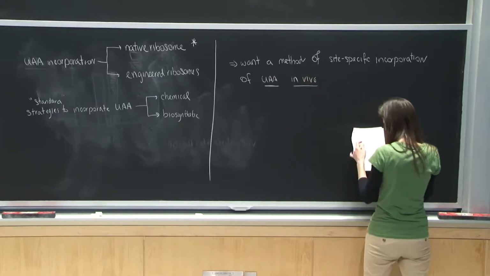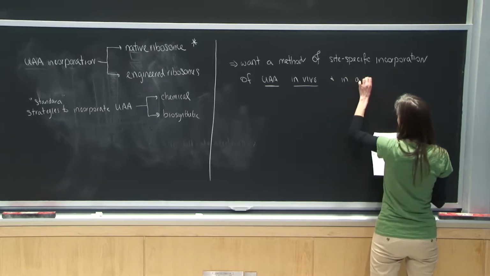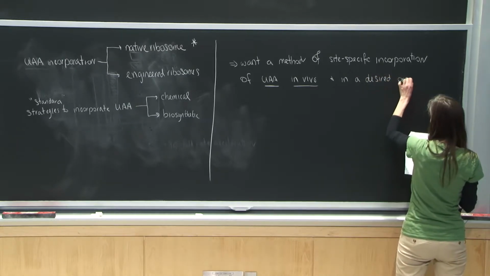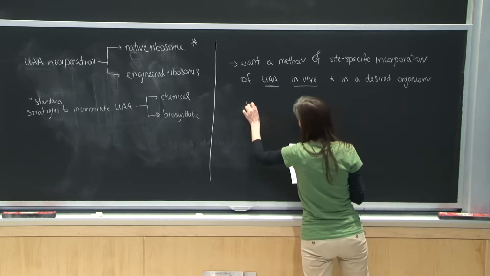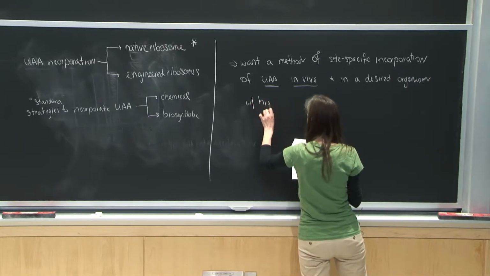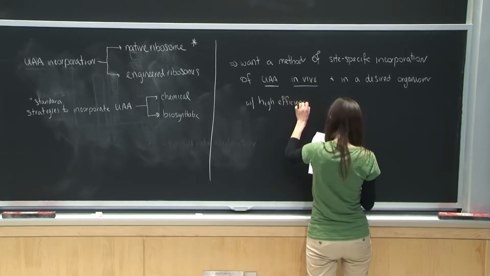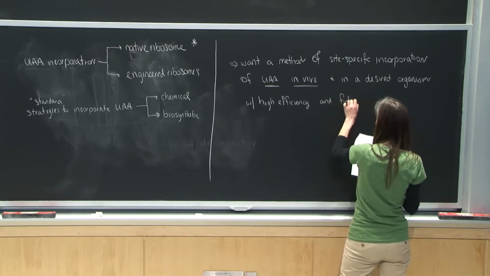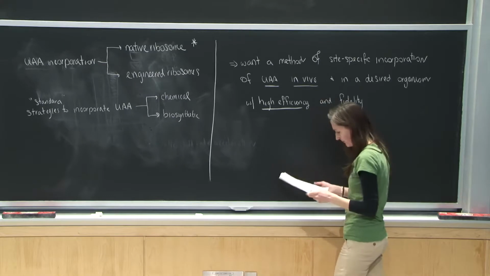Okay, so in a cell and in a desired organism, depending on what you want to do, with high efficiency and also fidelity. So getting back to that idea done before.